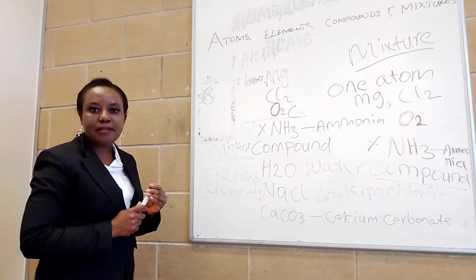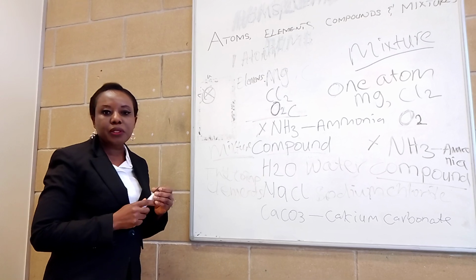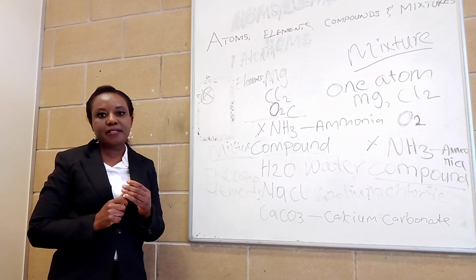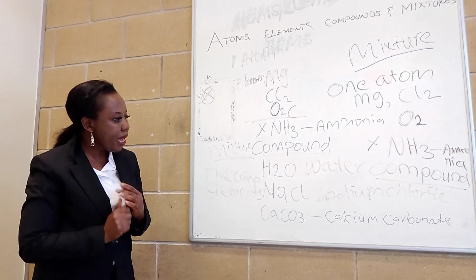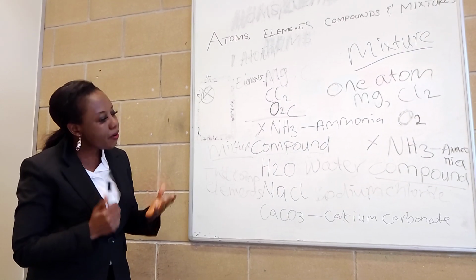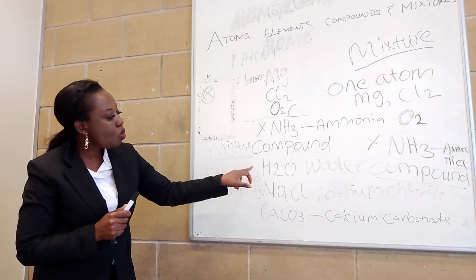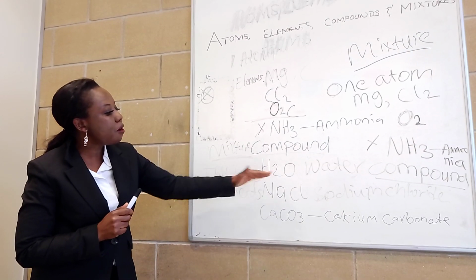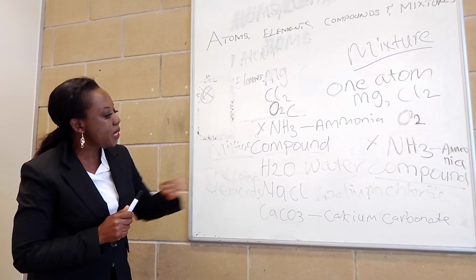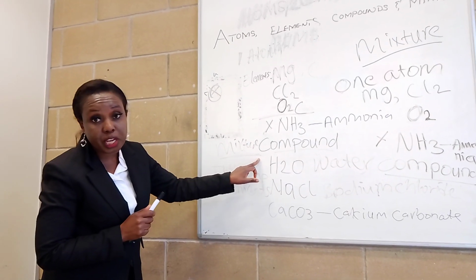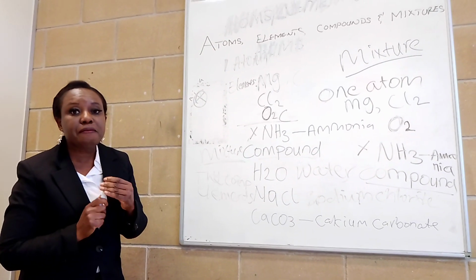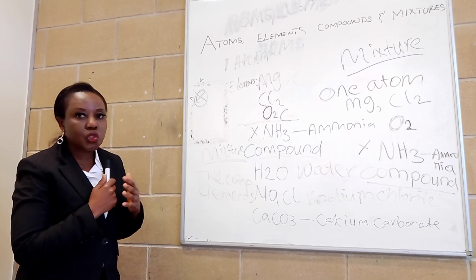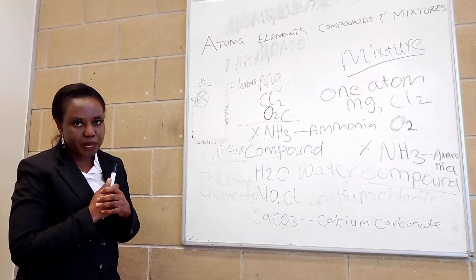The component elements of a given compound are always present in a fixed ratio by mass. What do I mean? For example, water is a compound formed as a result of combination between hydrogen and oxygen in a fixed ratio by mass, in a fixed ratio of 2:1 respectively.